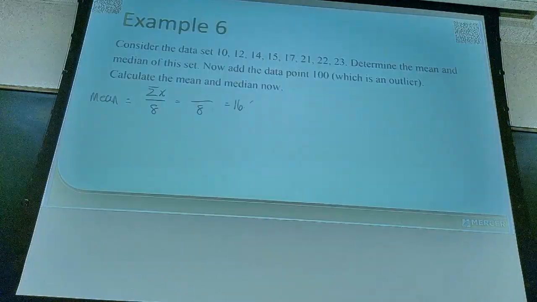What did you get for the numerator? What was the sum of the data? 134. 16.75 is the mean.